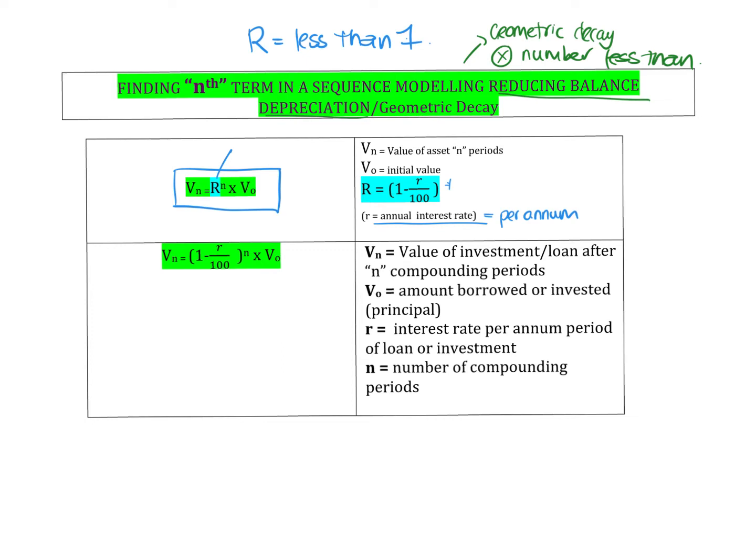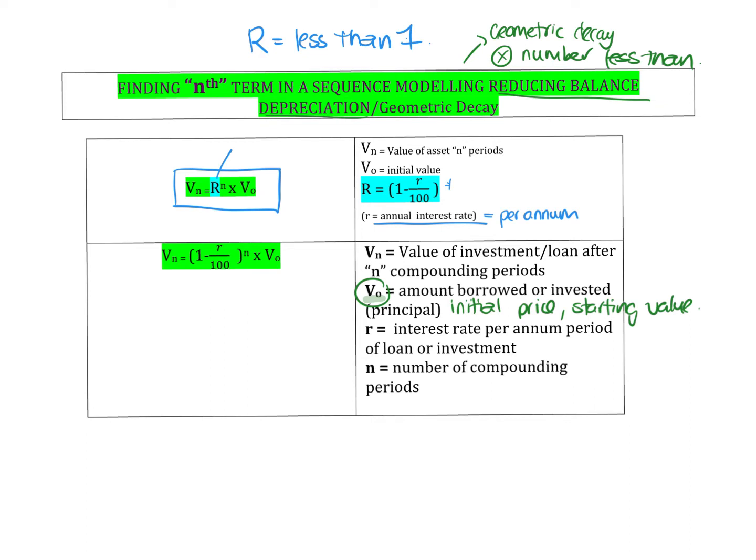Down here it states that the V0 is the amount borrowed, but you might want to write it's the initial price, or starting price, or starting value. So you might need to refer to it as that. And n is just the number of times. So if it was 5 years, n would be 5.